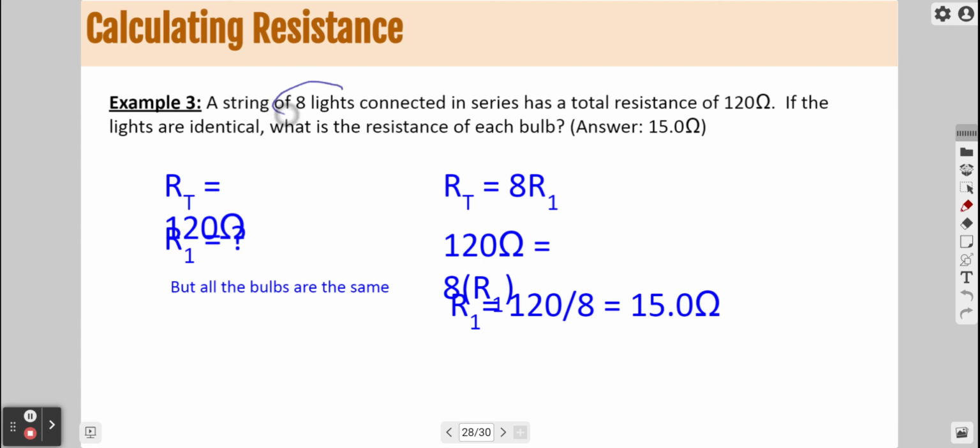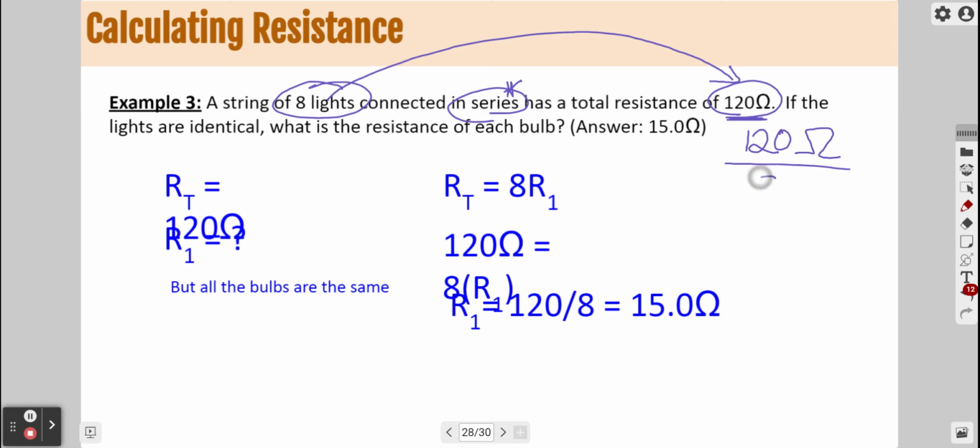This is a string of 8 lights connected in series again that has a total resistance of 120 ohms. So you know that all 8 of your lights have to add up because you're in series. They all have to add up to 120 ohms. So you're basically just doing 120 ohms divided by 8 lights to see the resistance of each bulb.